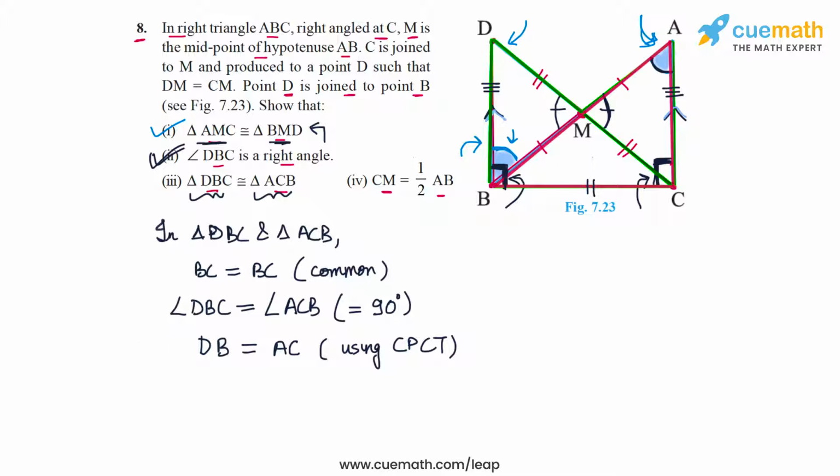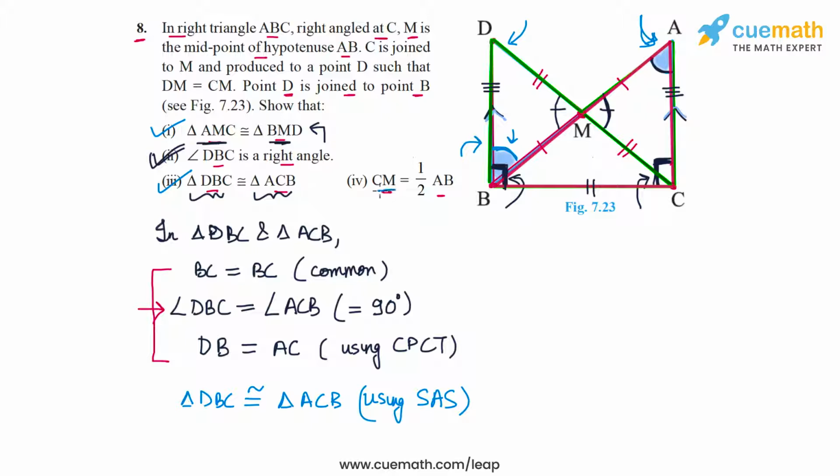So we now have two side pairs and the included angle pair equal, and this means that triangle DBC is congruent to triangle ACB using the SAS congruence criterion. Okay, so that proves part 3, triangle DBC congruent to triangle ACB using SAS.